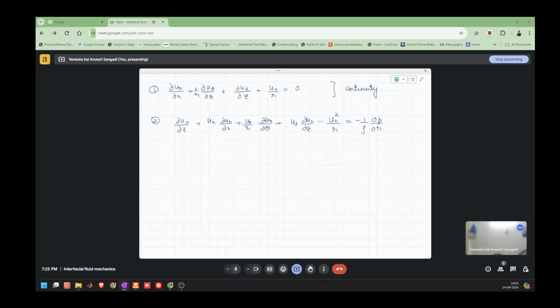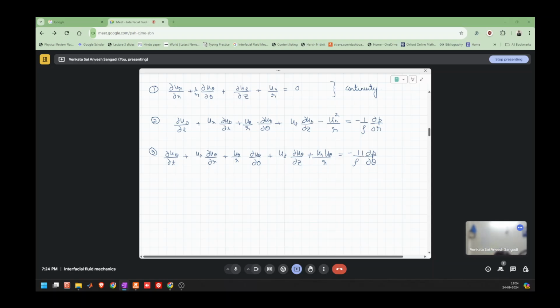Similarly, we have del u theta by del t plus u r del u theta by del r plus u theta by r del u theta by del theta plus u z del u theta by del z plus u r u theta by r is equal to minus 1 by rho times 1 by r del p by del theta.